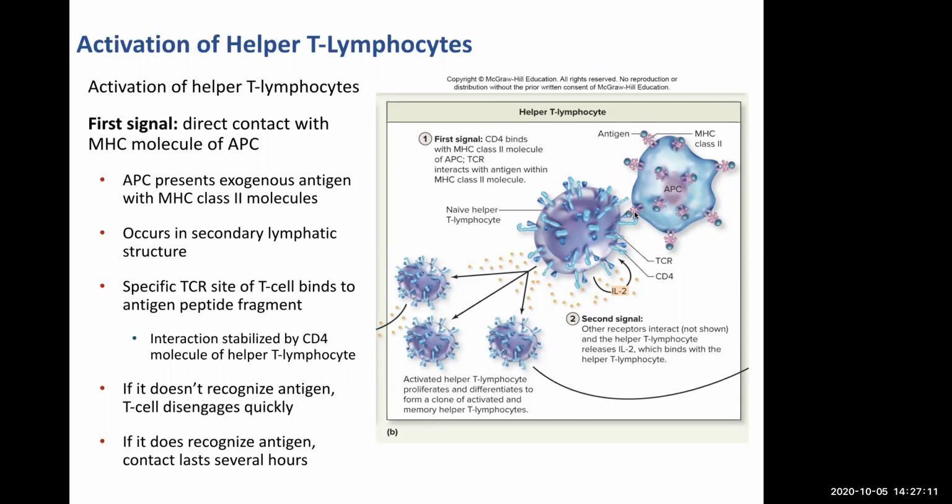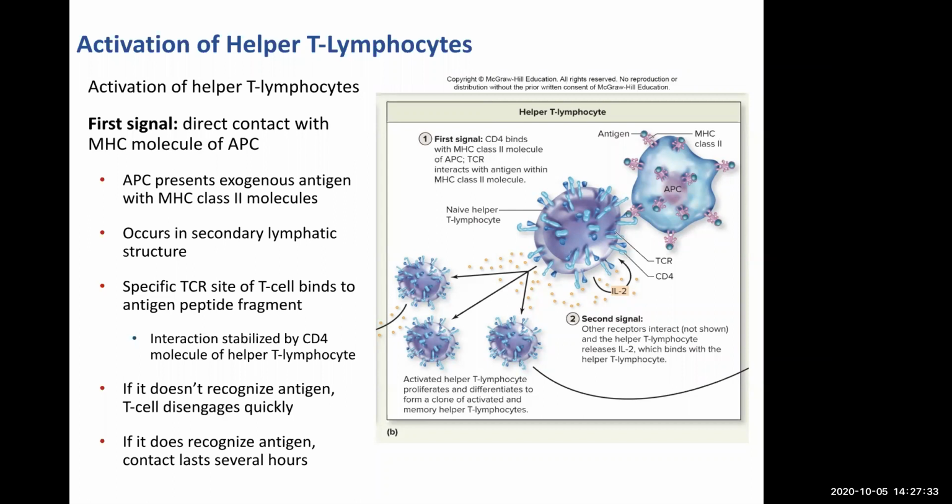Again, it's that idea of a tight hug. The T cell receptor and CD4 molecule hug the antigen being held by the MHC class 2. And that hug can last from several seconds to several hours.